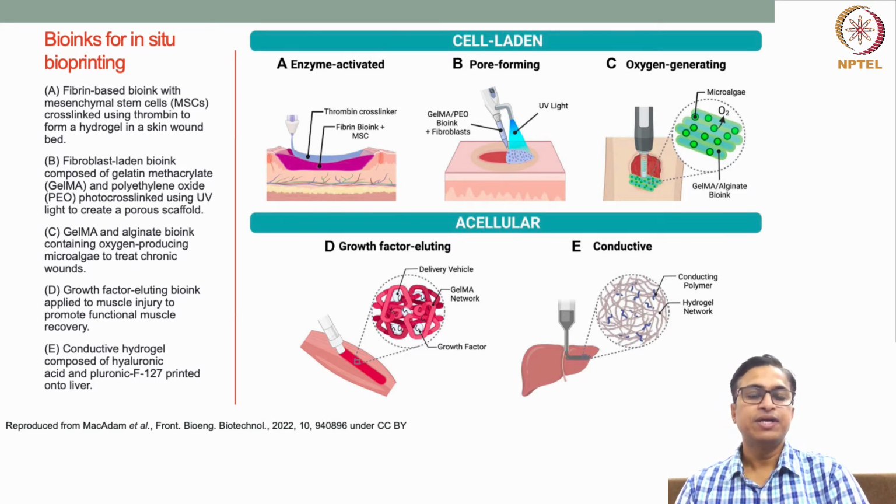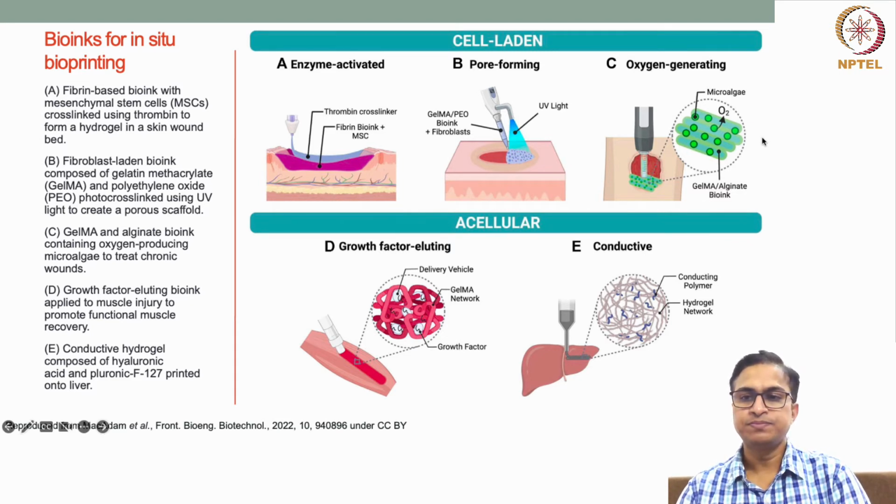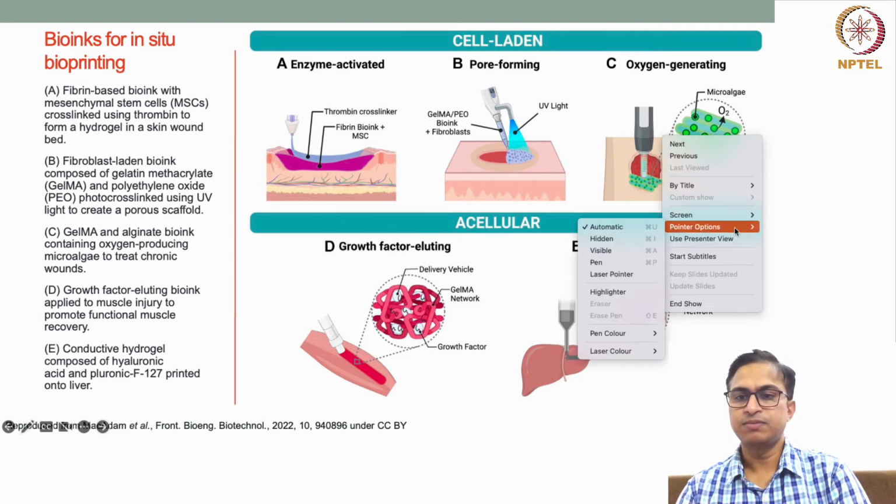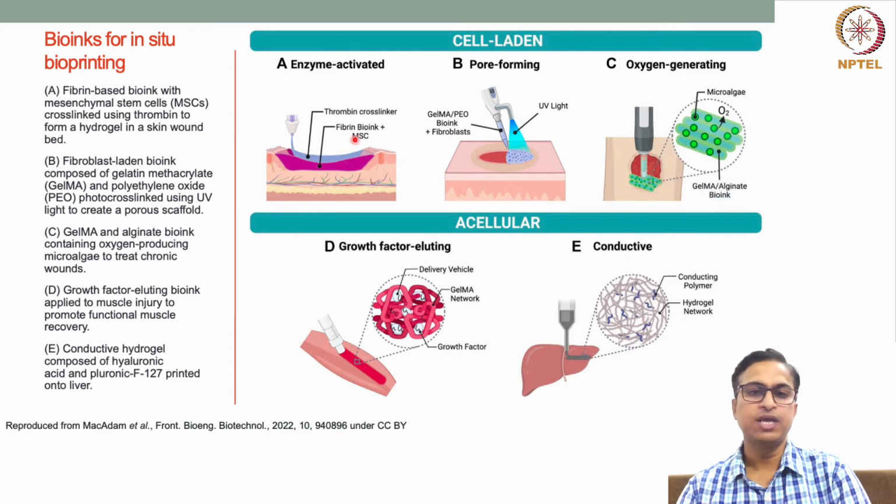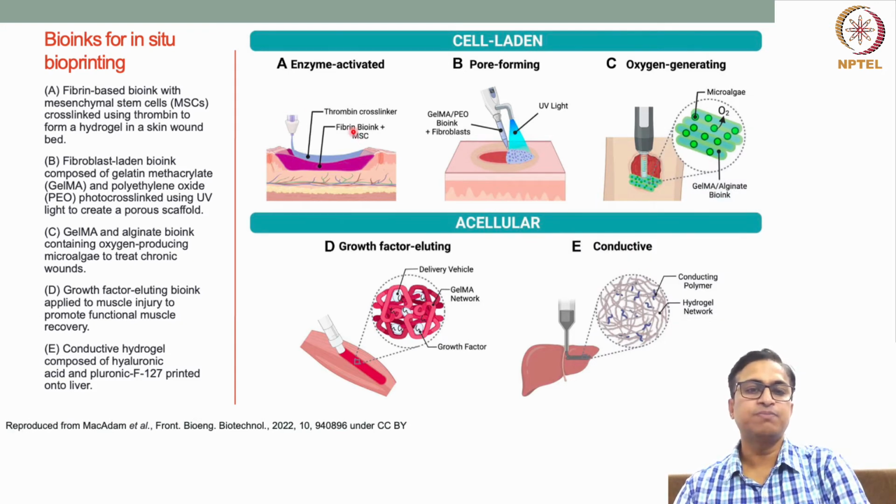Like here, they have given an example of, yes. So here they have given an example of this enzyme-activated bioprinting, like fibrin plus thrombin, and we know this very well. Suppose when fibrinogen comes in contact with thrombin, the thrombin acts as a cross-linker and that fibrinogen will become fibrin gel, right?